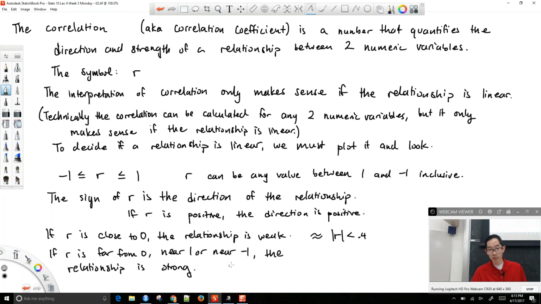I would say, kind of roughly, if R is over 0.9, that would be strong. Meaning R is greater than 0.9 or R is less than -0.9, the absolute value of R. But again, to decide if a relationship is linear, you have to make a plot and look at it. R itself will not tell you if the relationship is linear.